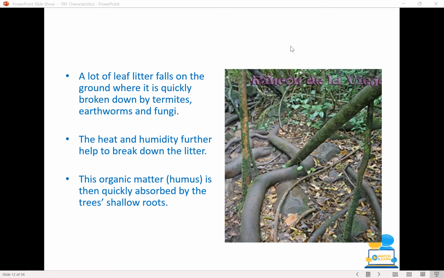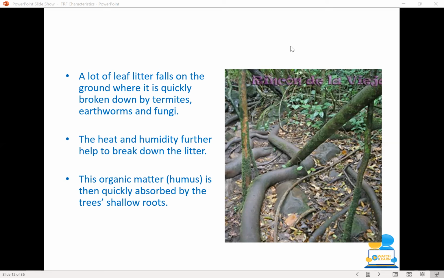It would not happen as quickly in Ireland. The plant litter is broken down a lot more slowly, whereas in the Amazon rainforest this happens a lot quicker. This organic matter, or humus as it's called when it gets broken down, which is basically a black jelly-like substance that the soil needs to keep it fertile, is then quickly absorbed by the trees' shallow roots.